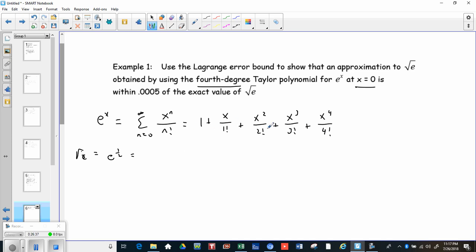So I'm going to get, by replacing it in here, 1 plus 1/2 over 1 factorial plus 1/2 squared over 2 factorial plus a half cubed over 3 factorial plus a half to the fourth over 4 factorial, and then I can just go ahead and plug that stuff into the calculator, and what I get out of that is 1.6484. Oh, I can't read my own writing. I don't know if that's a 3 or 7. I think it's a 375.